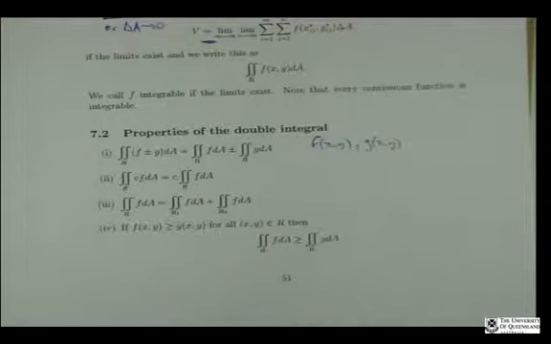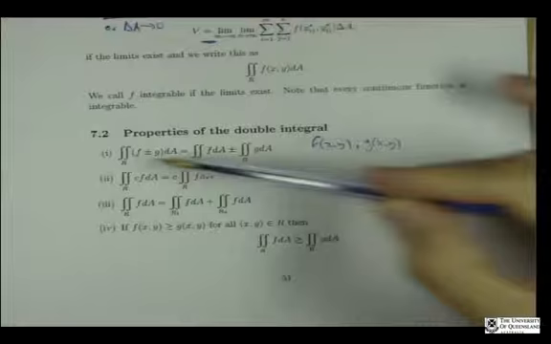By the way, these are abstract properties. These properties are not just for volume below a surface, but now that I've constructed the double integral in the context of volume below a surface and above a region in the xy plane, you can try to visualize all of these properties in terms of volume, just to help you understand them.